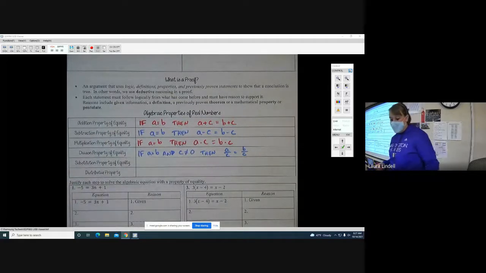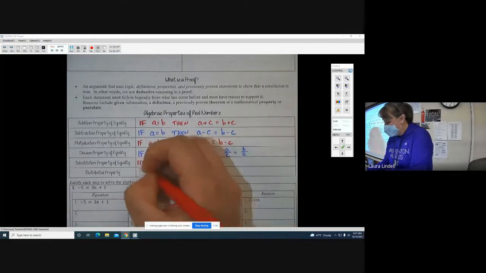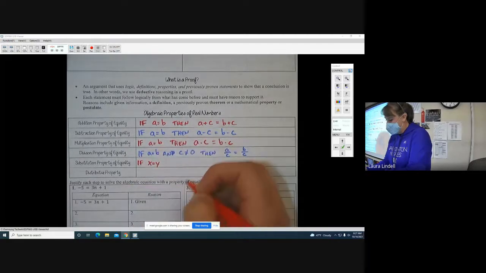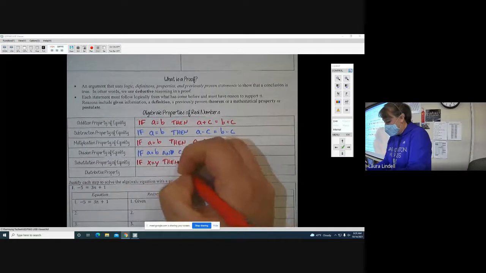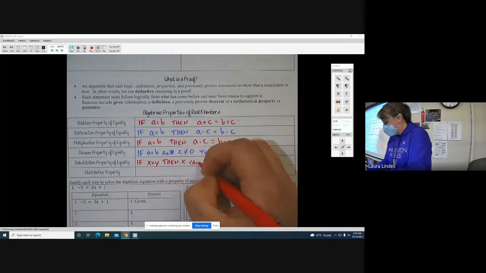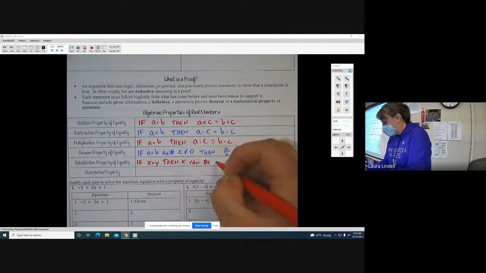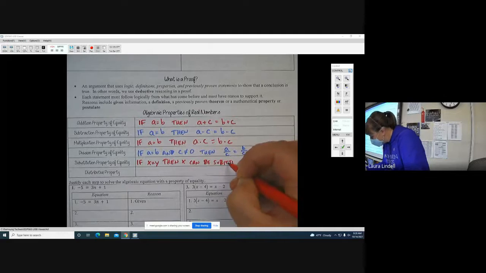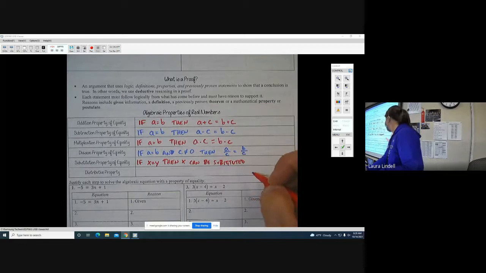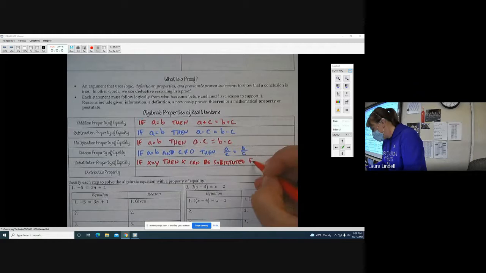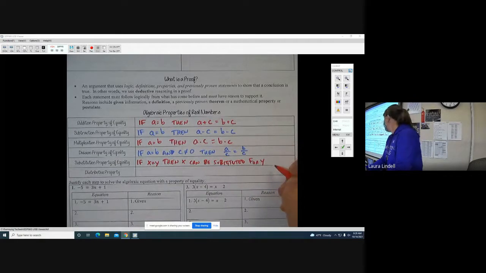Then we have two more properties, the substitution property and the distributive property. So the first one, the substitution property: if x equals y, then x can be substituted for y in any equation.